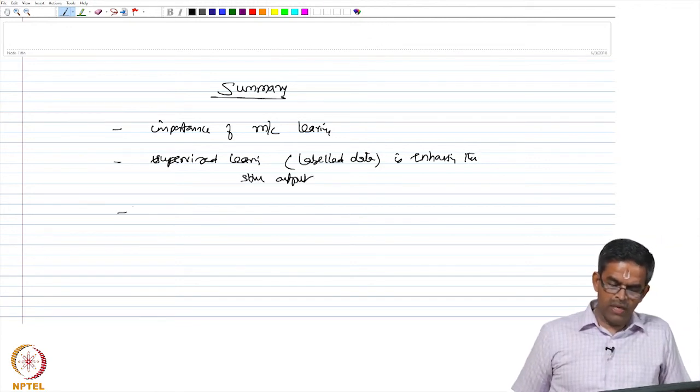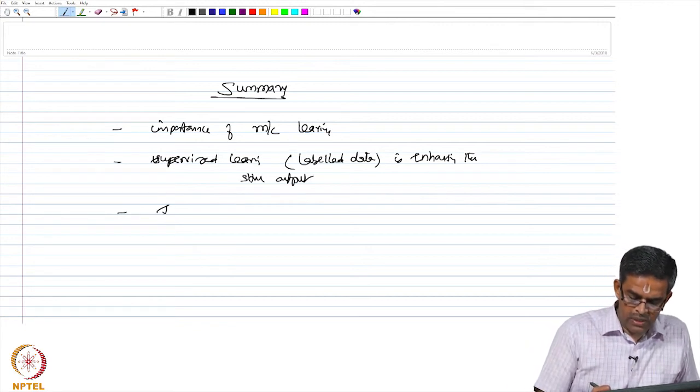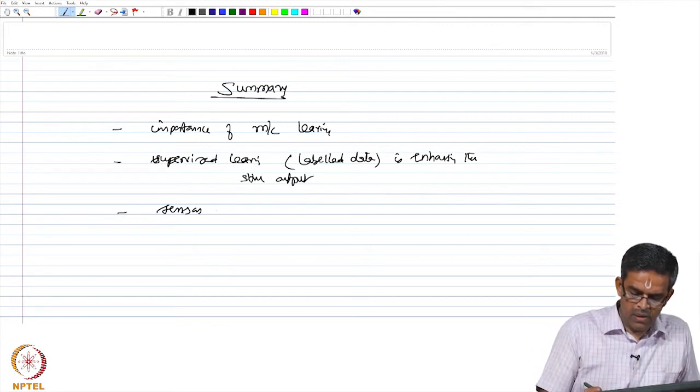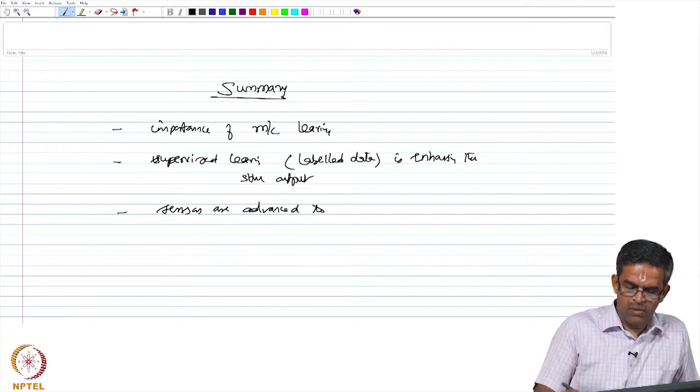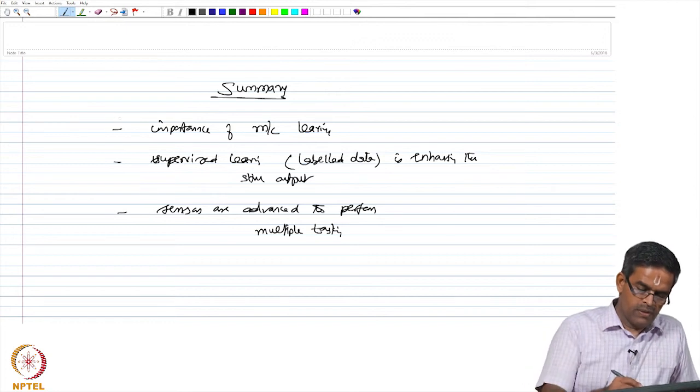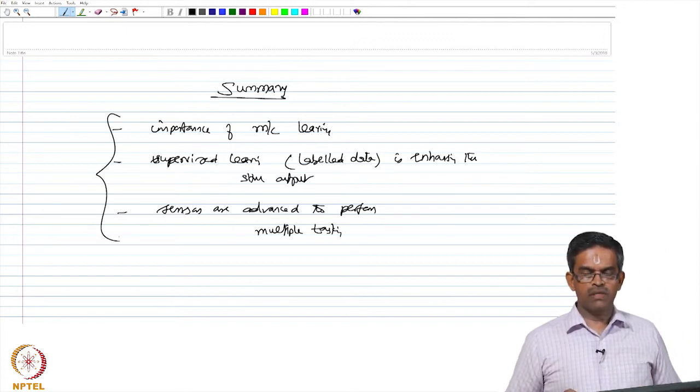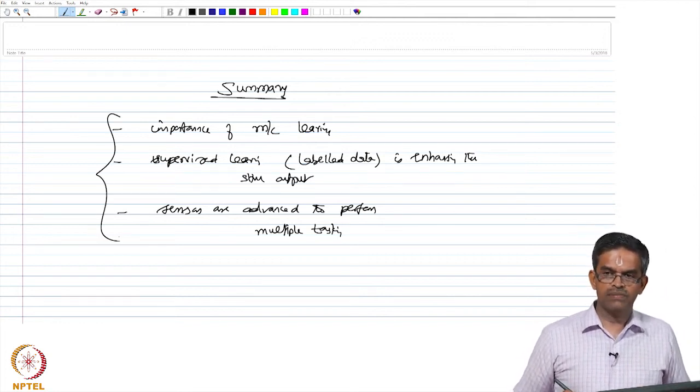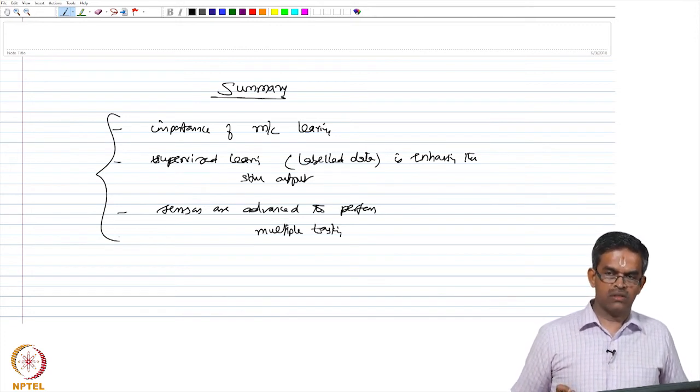We have also seen how sensors are advanced to perform multiple tasking. So, in the further lectures we will talk about application of these structural health monitoring systems on offshore structures, essentially on lab scale.